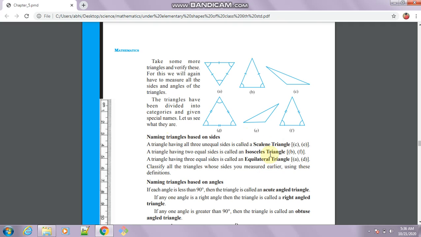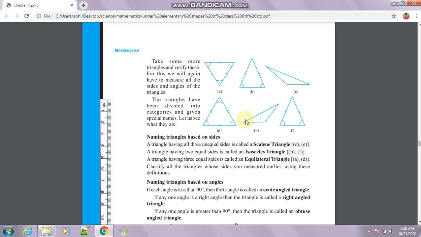we have three types of triangles: scalene triangle, isosceles triangle, equilateral triangle. What do you mean by scalene triangle? A triangle having all three unequal sides.